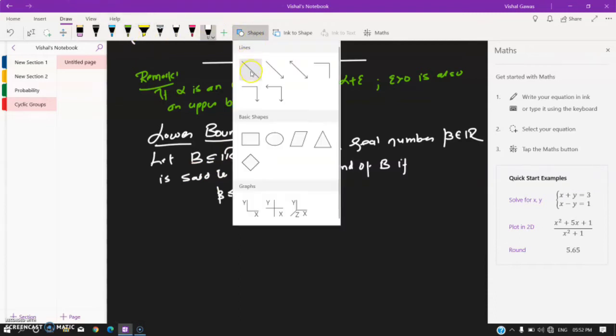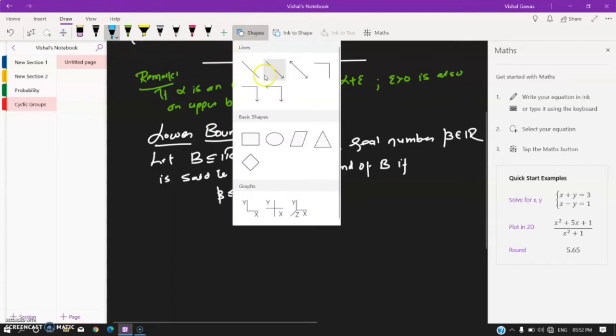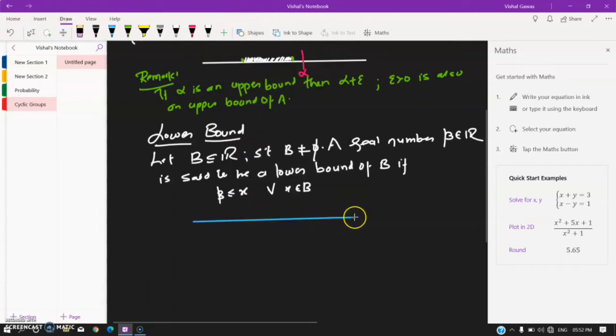So if I look at the same picture we have drawn, this was my corresponding set, so this is my B, and any number here which is smaller than all of these, we have taken as beta.